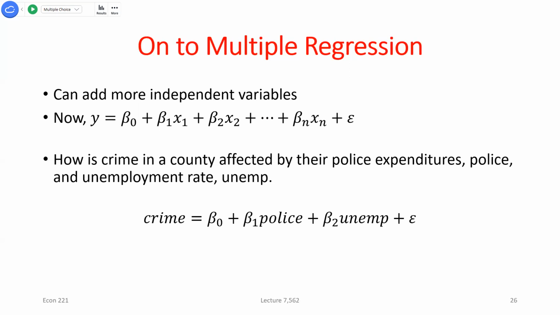So when I ran that naive regression, I was really picking up not just the impact of spending more money on my police force, but also the effect of unemployment, which I know as unemployment goes up, I would expect to see crime rates go up as well.